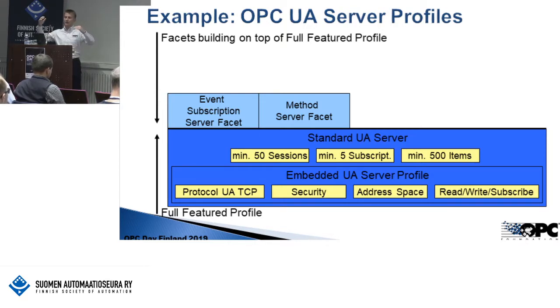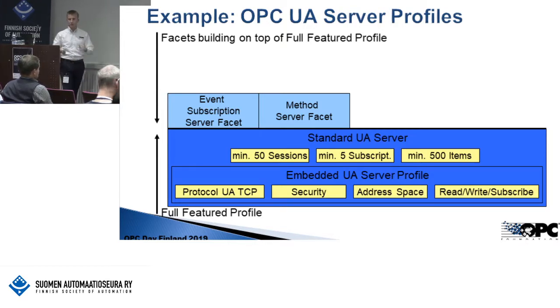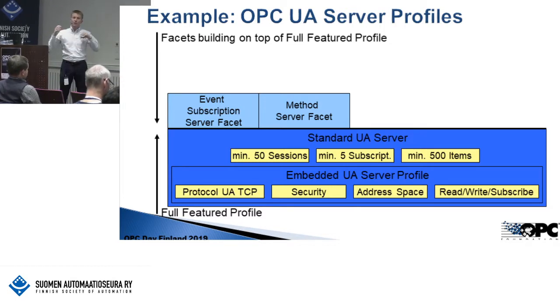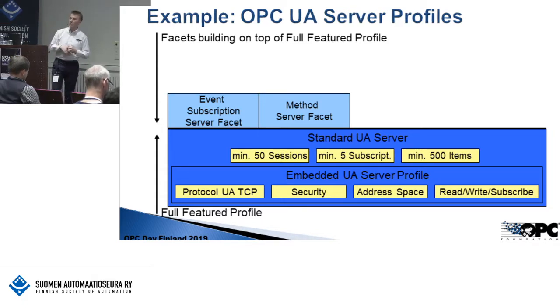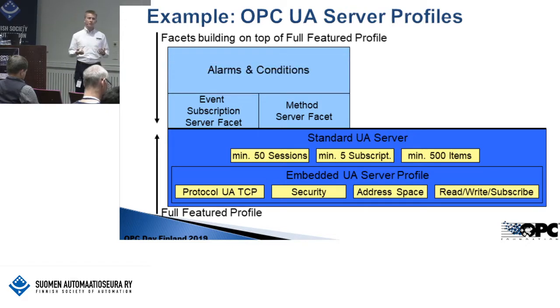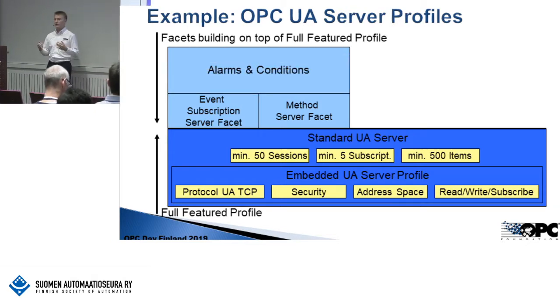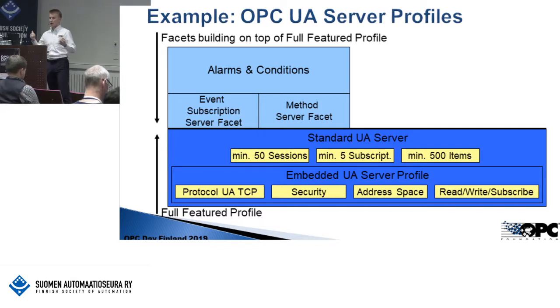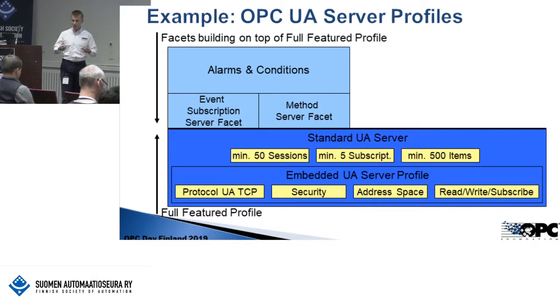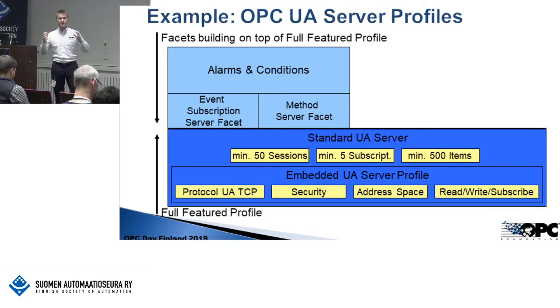So you extend that by additional features that your product supports. And of course, they also can be combined. If you combine the event subscription server facet and the method server facet, then you get alarms and conditions. Because in order to have alarms and conditions, you need, on the one hand, to have the events, and on the other hand, to acknowledge them, confirm them, doing things like that, right? So that is the concept that we have for that.